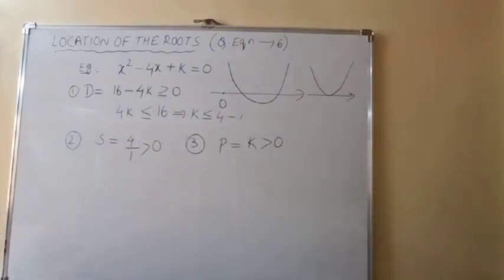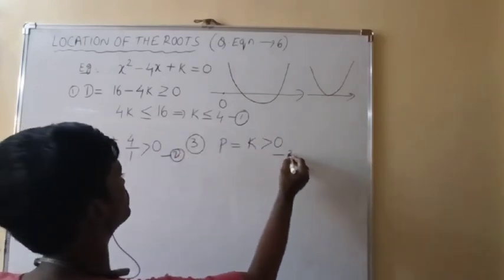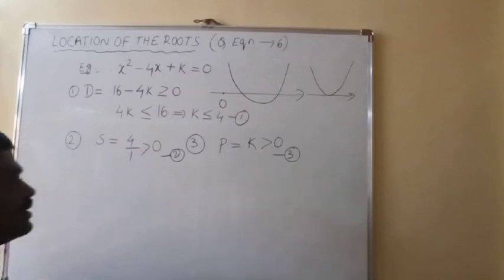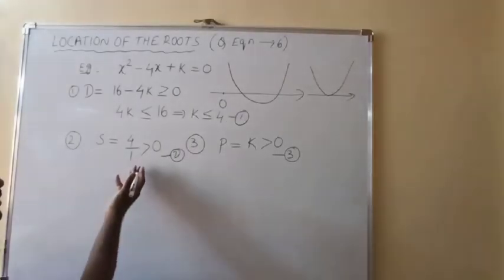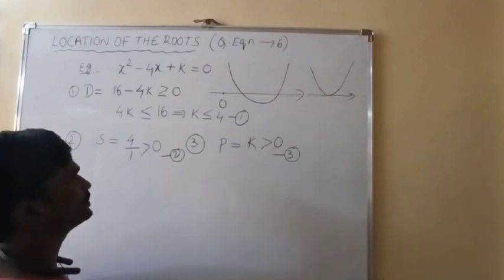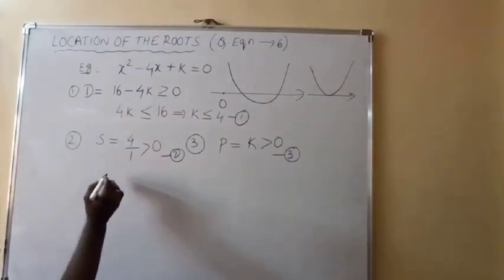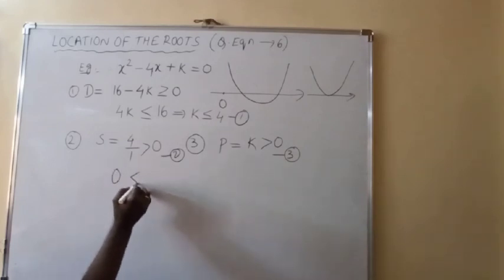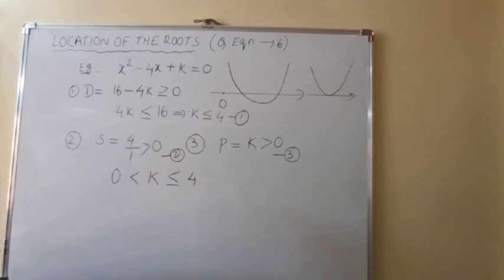So this is equation 1, this is equation 2, this is equation 3. We have to find the common solution of 1, 2 and 3. From equation 2 we did not get anything, because we did not get any k there. From equation 1, k is less than or equal to 4. From equation 3, k is greater than 0. So what is the common part? k must lie between 0 and 4.